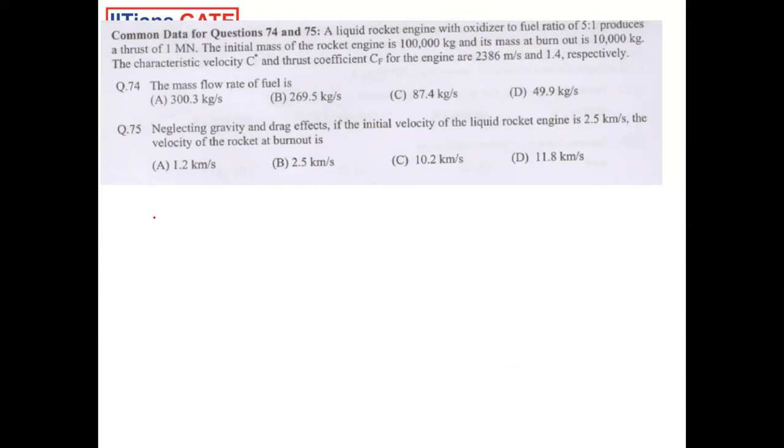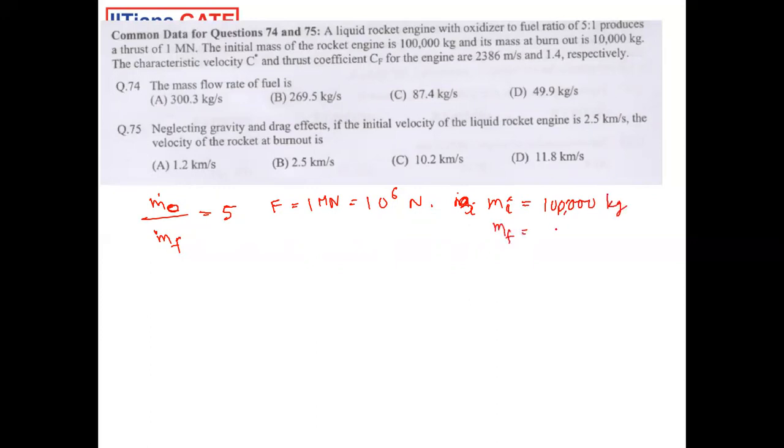Okay, so the given information: the oxidizer to fuel ratio is 5, and the thrust is 1 meganewton, which is 10 to the power 6 newton, and the initial mass of the rocket is 100,000 kg and the mass of the rocket after burnout is 10,000 kg.